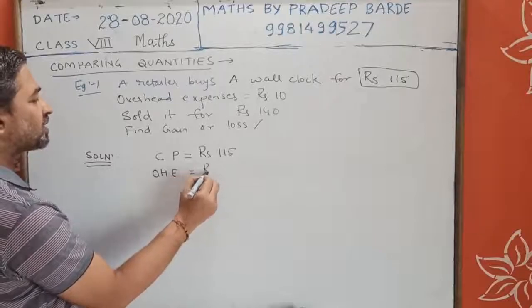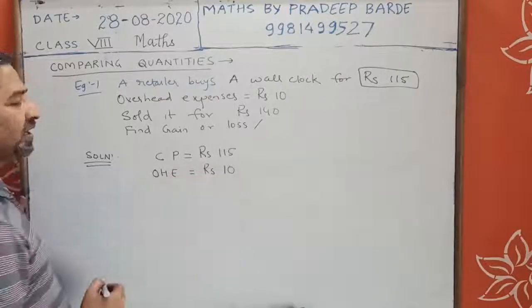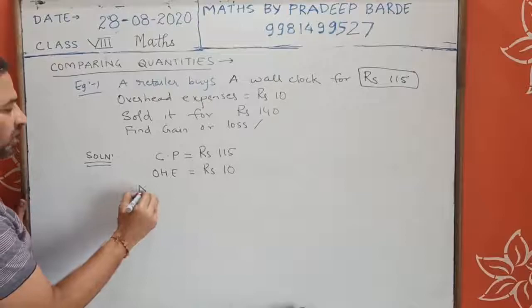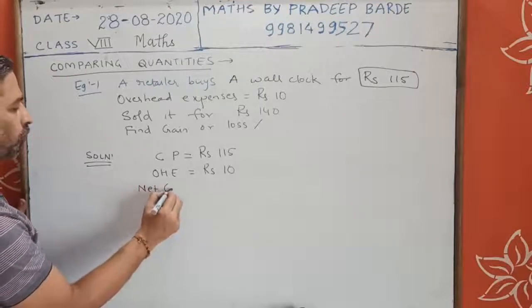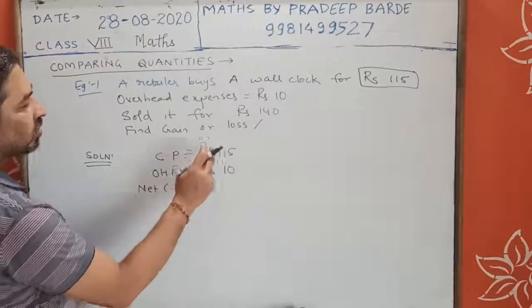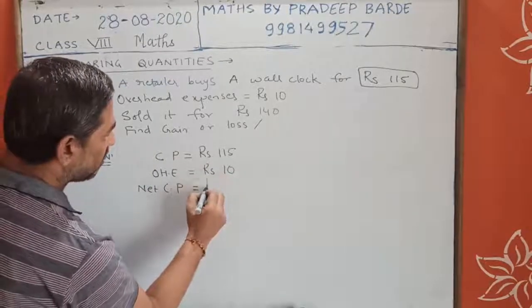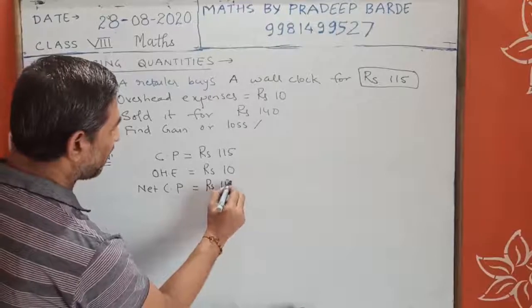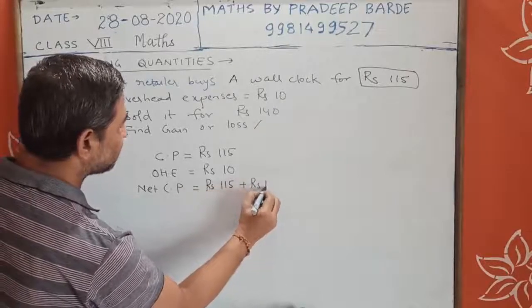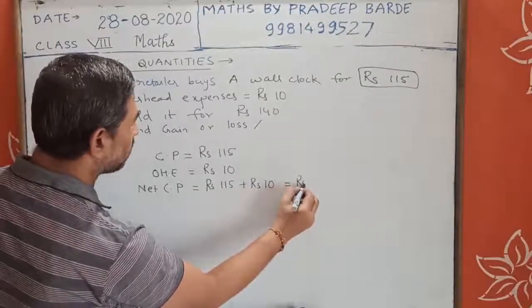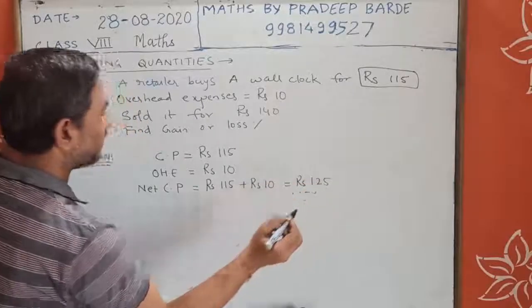So the net cost price is 115 plus 10, which is equal to rupees 125.